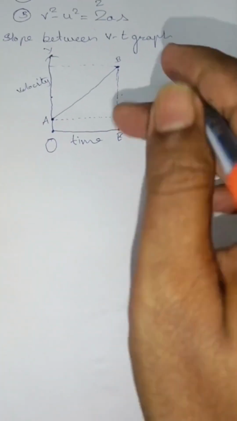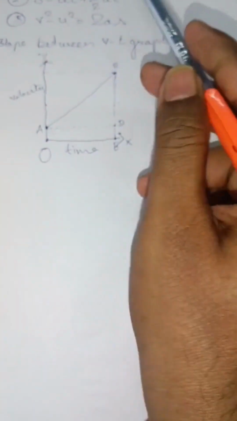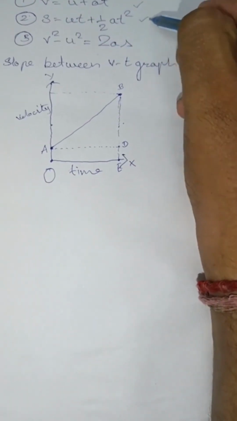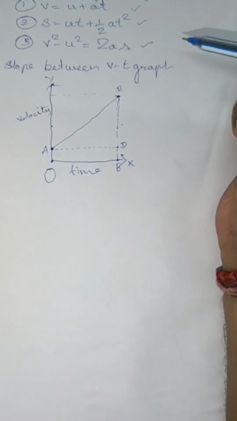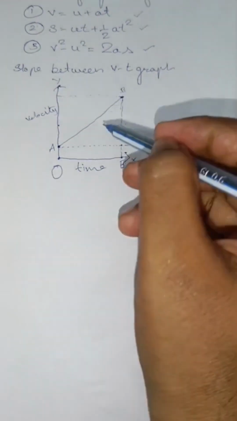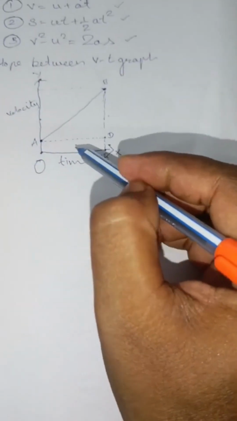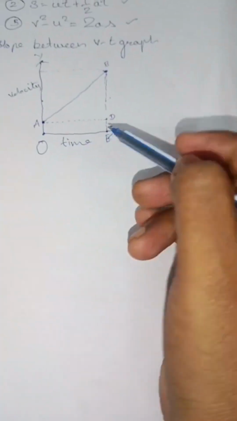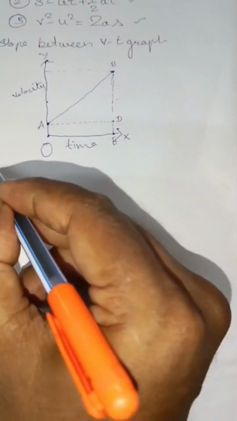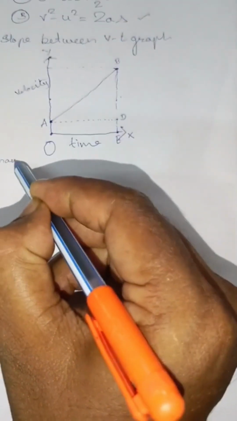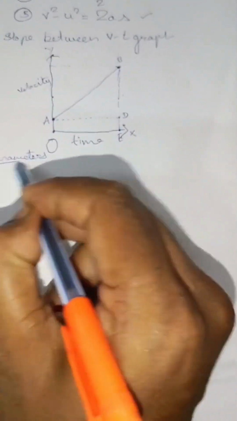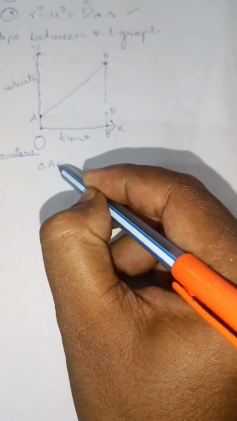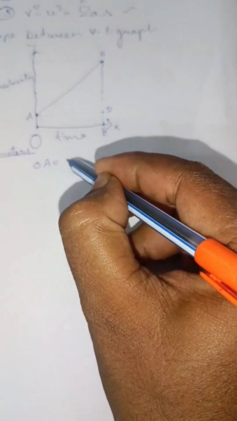With this graph we are going to define these three equations: the first is v equals u plus at, then s equals ut plus half at square, and v square minus u square equals 2as. Now, for the slope of a velocity time graph we are going to consider certain parameters. OA is equal to u.